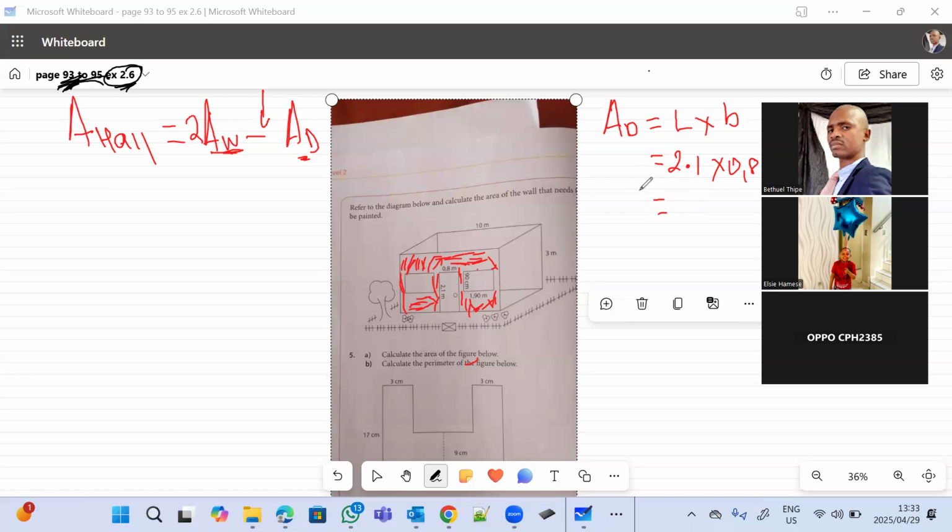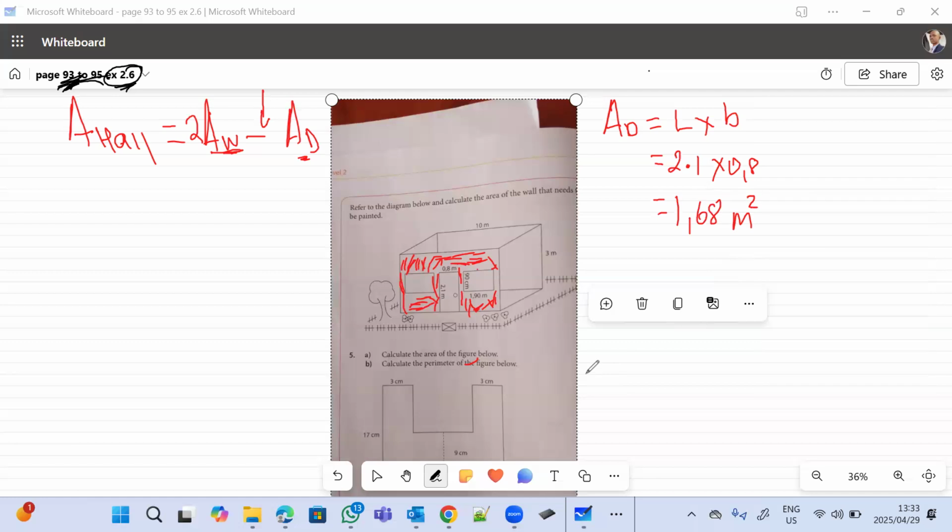I'll use my phone as well. 2.1 multiplied by 0.8 equal to, I got 1.68. It must be measured in square meters.